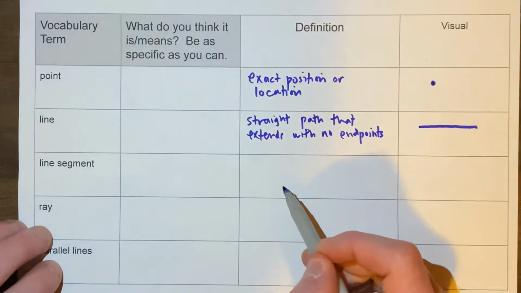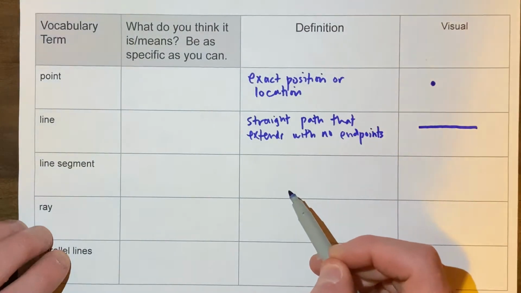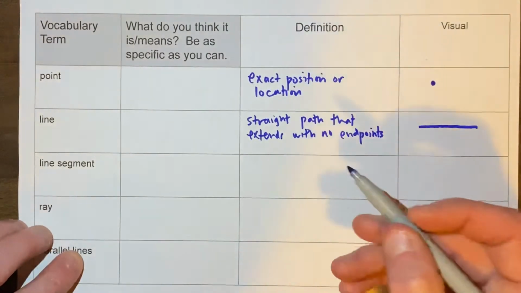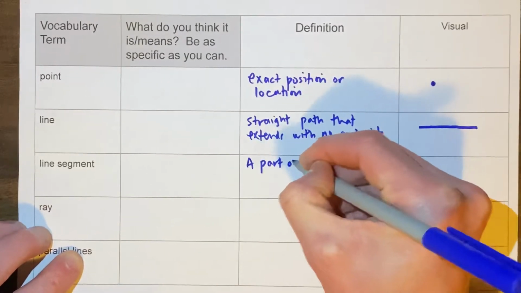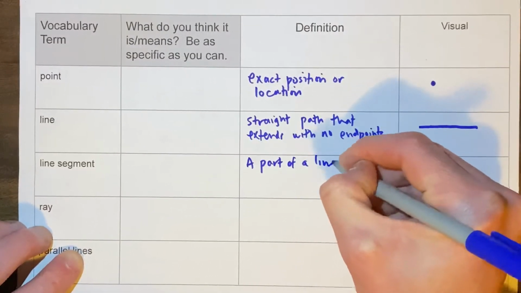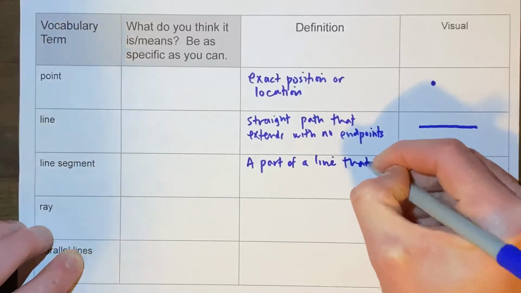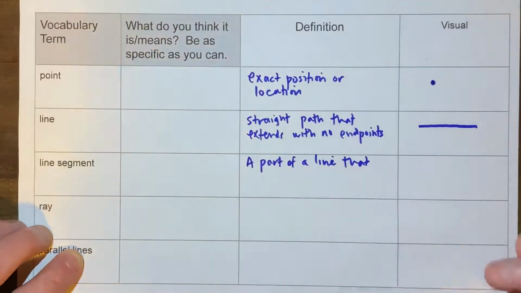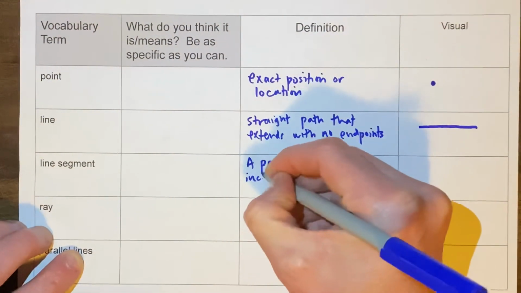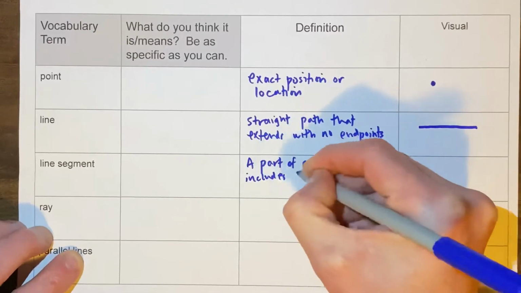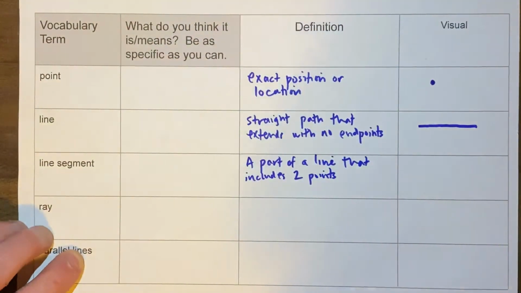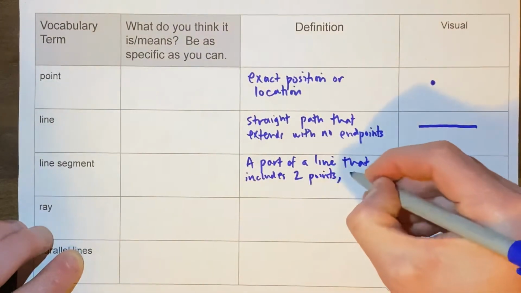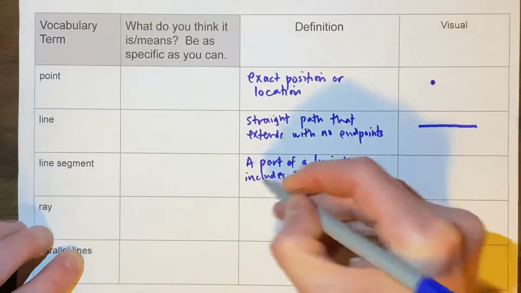A line segment is different because line segments are a part of a line that includes 2 points called endpoints.